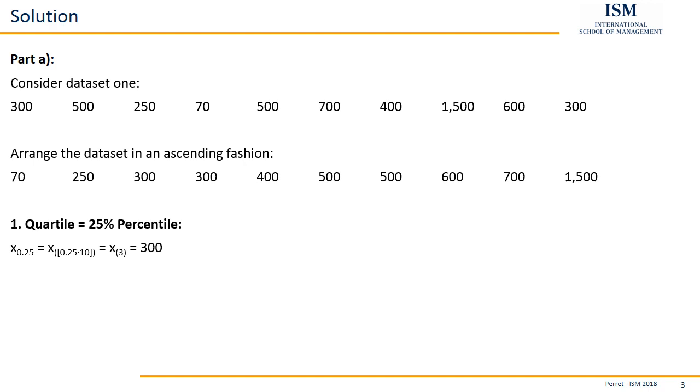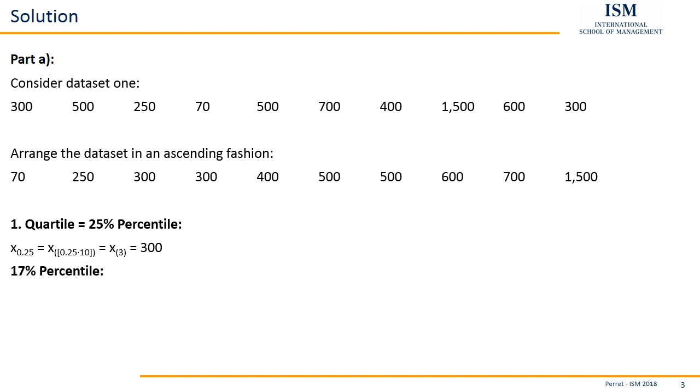Here we have 10 observations, so we get 2.5. Then we round up to the next highest integer, which is 3. The third position in the ordered data set gives us the first quartile, in this case 300.